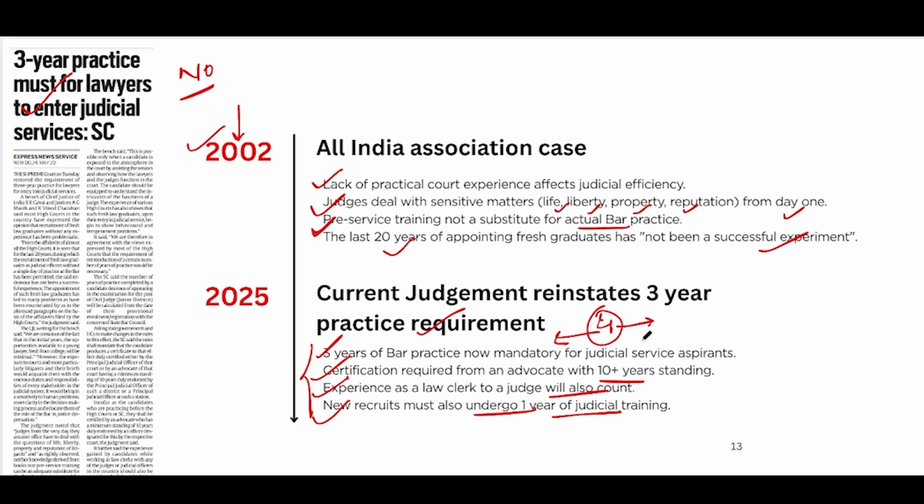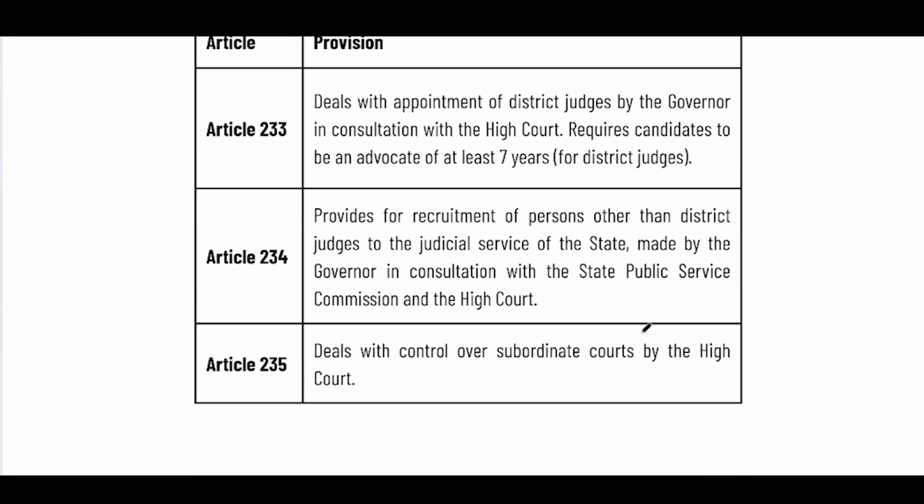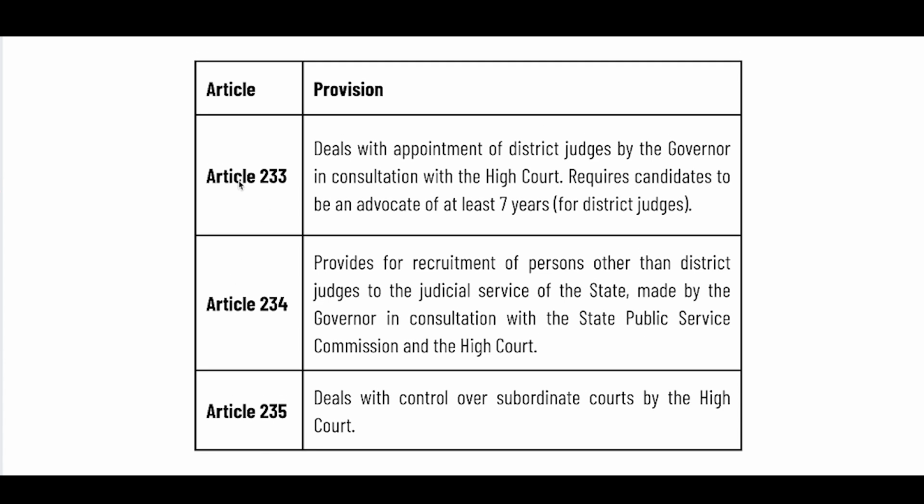Now the question is, what are the constitutional articles that are attracted as a result of this particular issue? If you look at the Constitution of India, Articles 233, 234 and 235 deal with the appointment of district or lower than district judiciary.